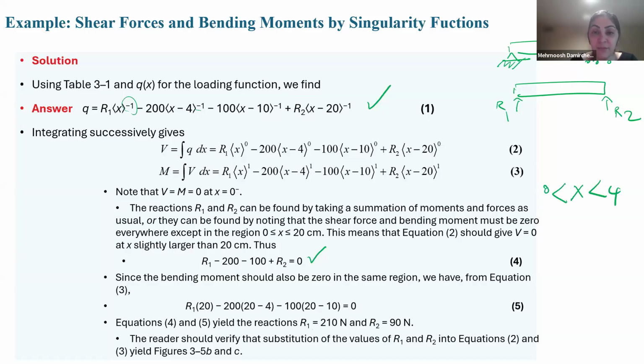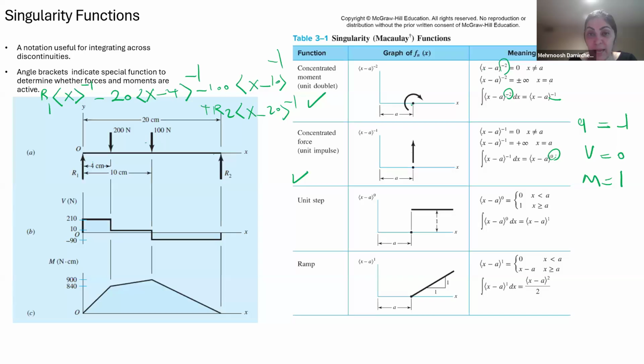For example, when x is between 0 and 4, what happens? Back to here. Everywhere V is 0, except when we are exactly at that point, yeah?